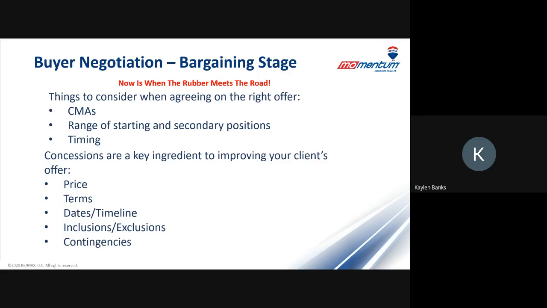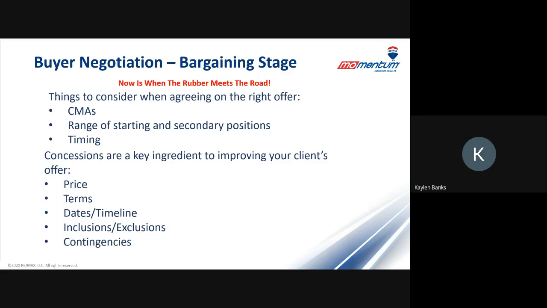So when negotiating that counter offer, it's important to create a concession plan based on the lowest priority of interest for your client. So concessions are the key to improving your client's offer. Some examples, again, are price, terms, dates or a timeline, inclusions or exclusions, or maybe even some contingencies.